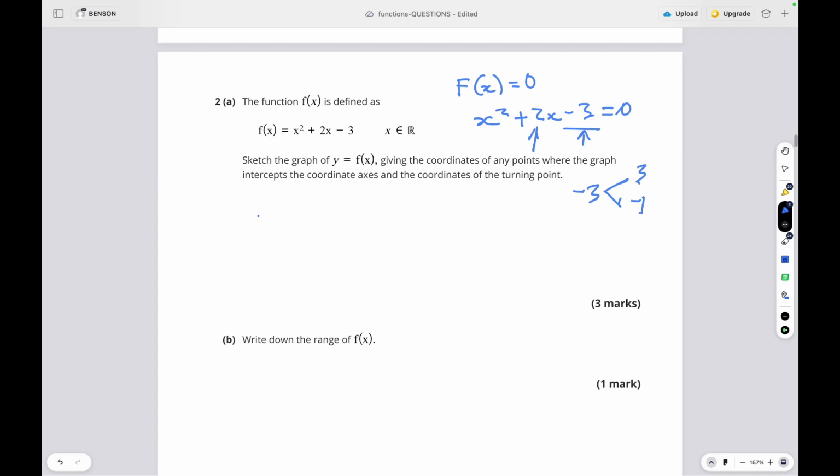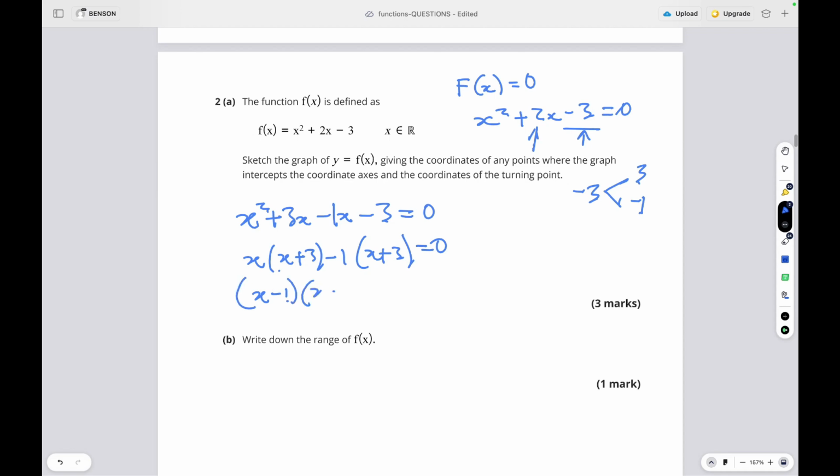So right away, it simply means that x squared plus 3x minus 1x minus 3 equals 0, which if we factorize gives us x plus 3 times x minus 1 equals 0, which then implies x minus 1 equals 0 and x plus 3 equals 0, implying that x is equal to 1 or x is equal to negative 3.